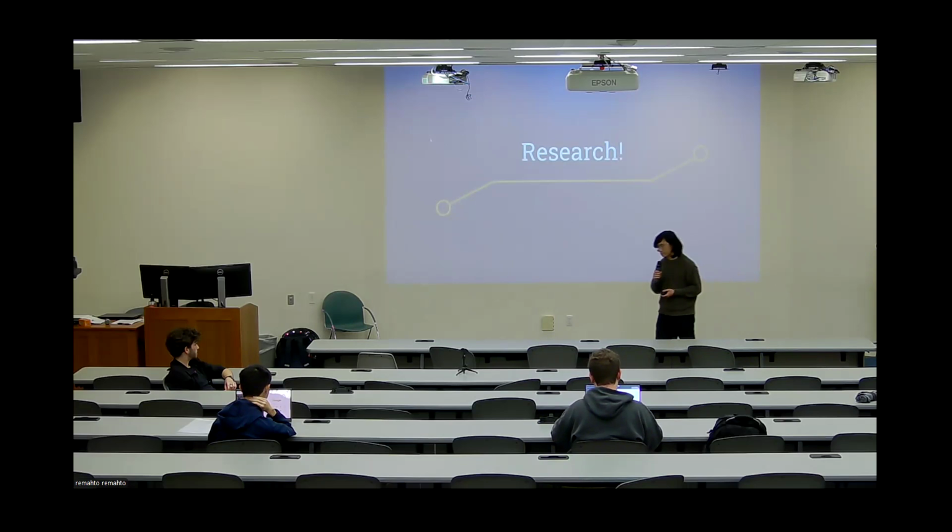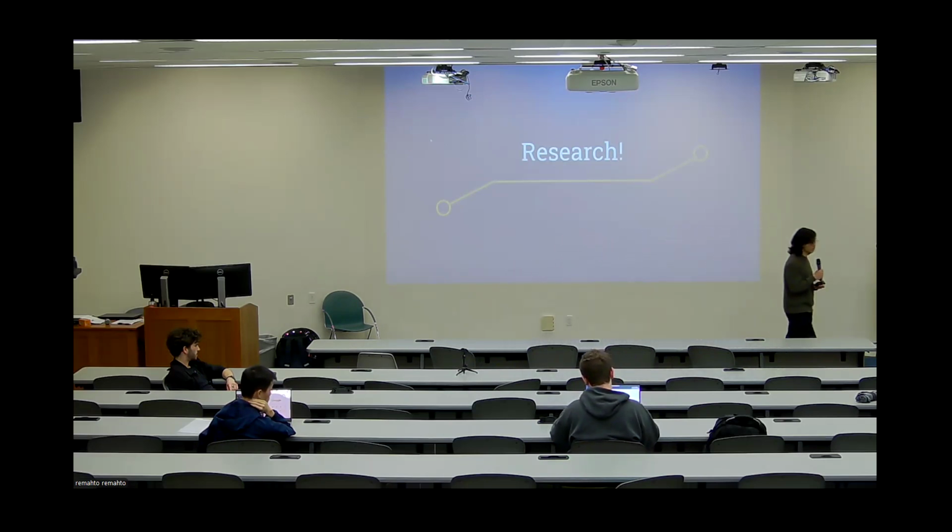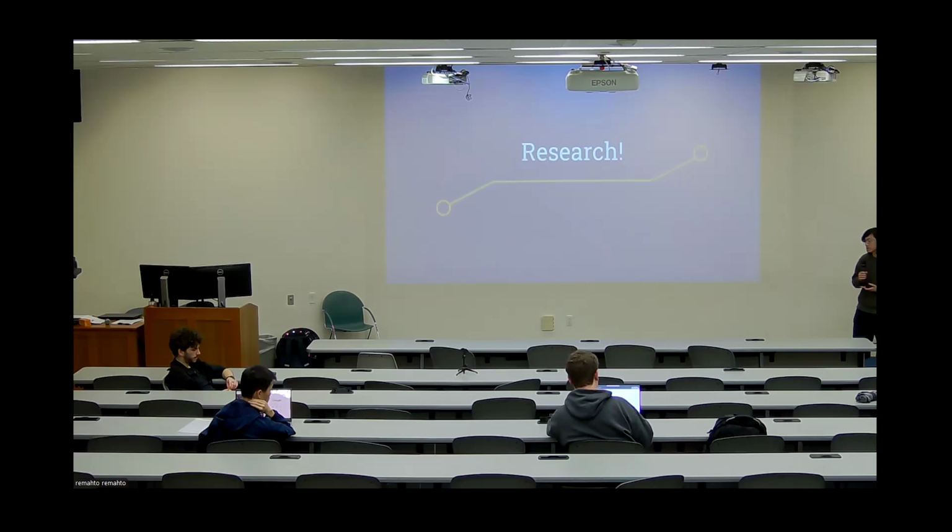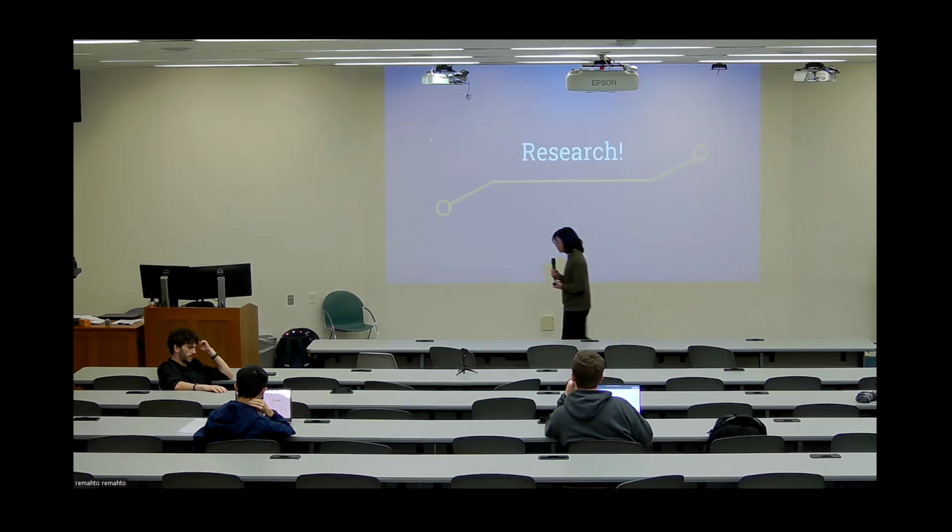So another useful thing you can do related to AI is research. Research, research, research. This is a university. This is an R1 university. This is a UC. That means there are a lot of professors here doing research and a lot of funding going into that research. On top of that, this is a university with a lot of funding for CS.